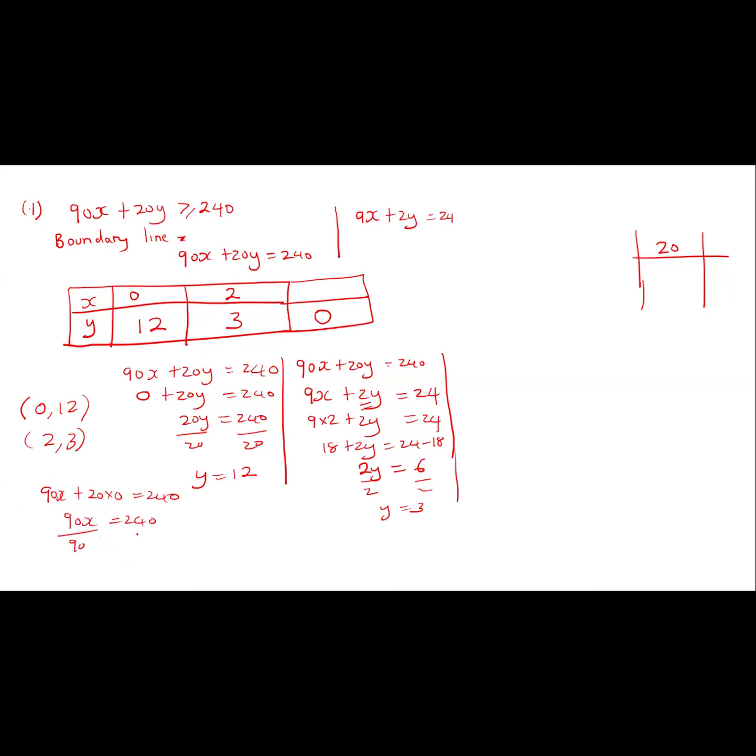When you divide by 90, you'll find that the x you are going to get is 240 divided by 90, which is equal to 2.667. So here, what does it mean? We said you write 1 decimal point, so you write 2.7. In case you are very good at plotting points, it is very okay. But to get a very accurate line, having the exact value is more advisable.